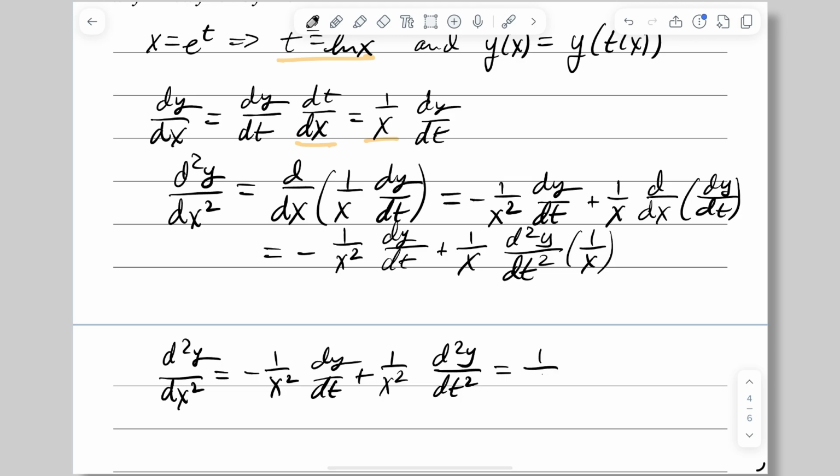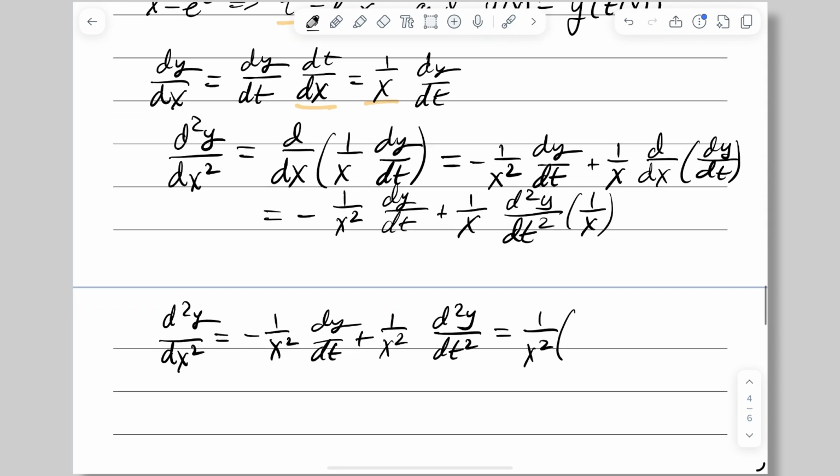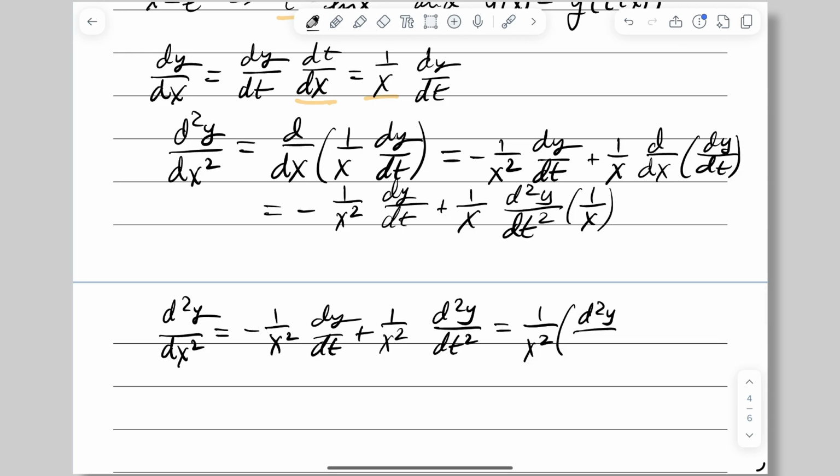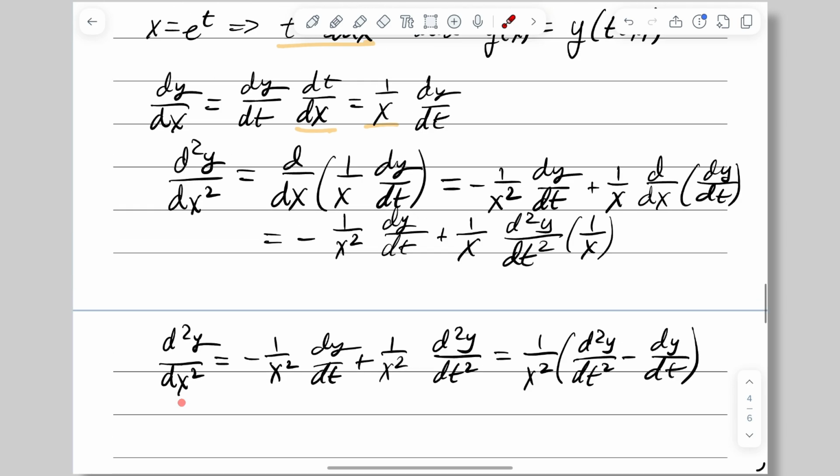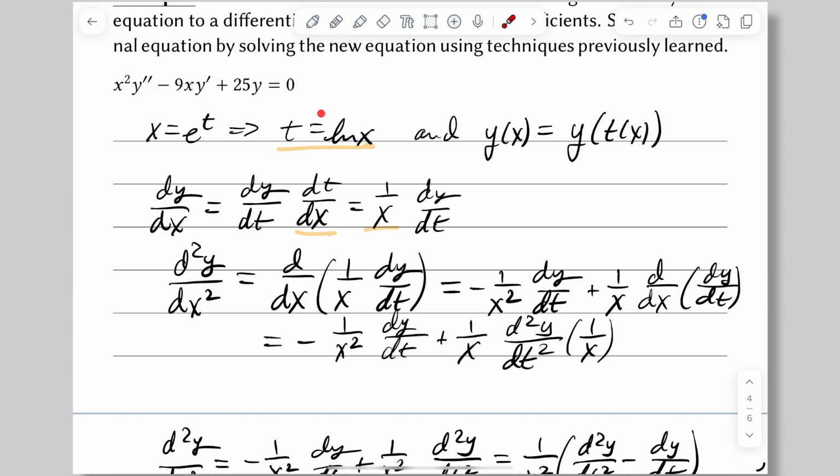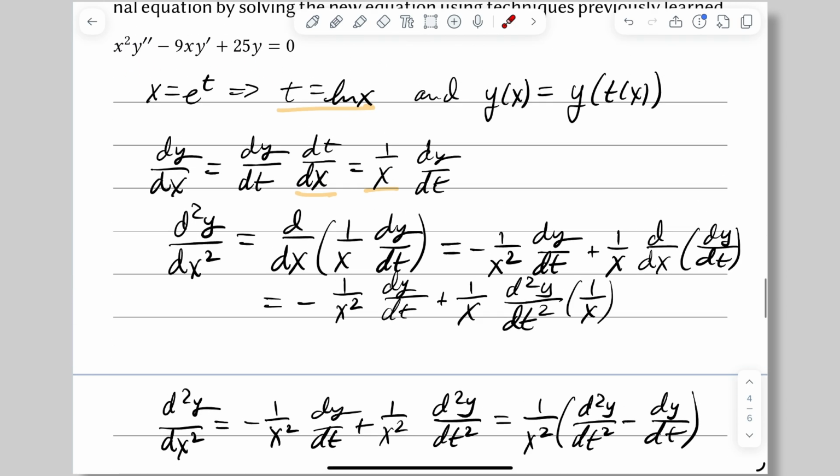We can factor a 1 over x squared out of that thing. We have d2y dt2 minus dy dt. All of that is going to replace d2y dx2 in the original equation. Notice, the term that has y double prime has a factor of x squared. That x squared is going to multiply by this 1 over x squared, and it'll divide out.